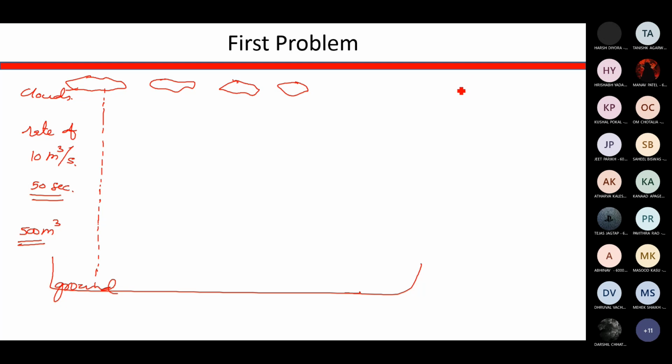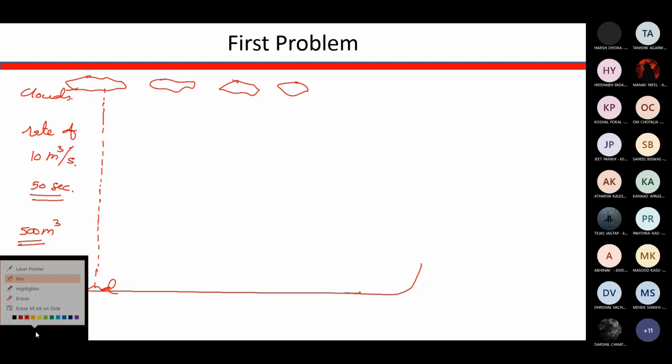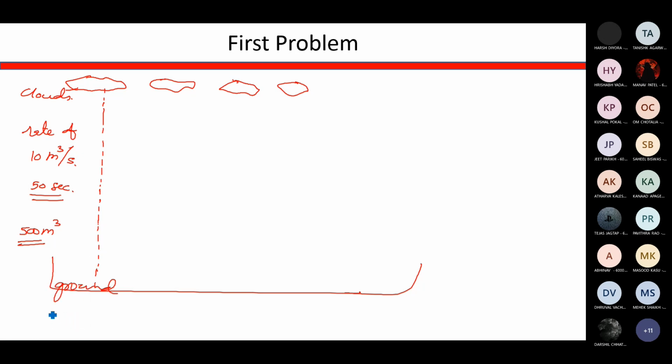Or all of you settled with this 500 meter cube? Done?